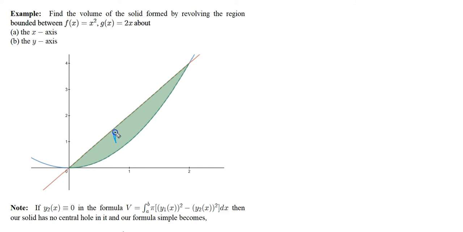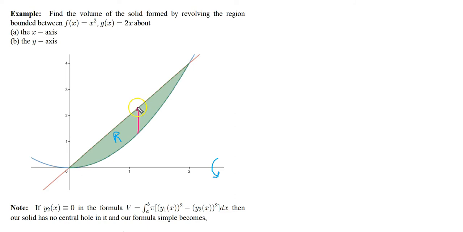If we want to rotate this region R about the x-axis, what I like to do is draw a line that's perpendicular to your axis of rotation down here. Now this line actually represents a thin rectangle that when rotated around the axis of revolution forms a washer.